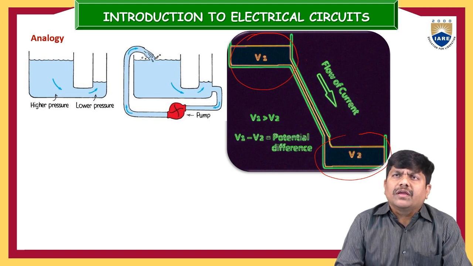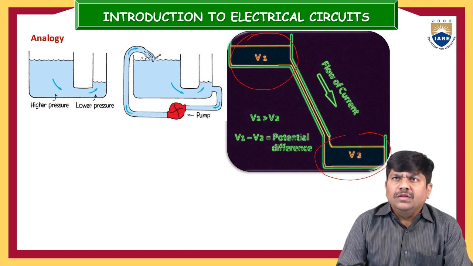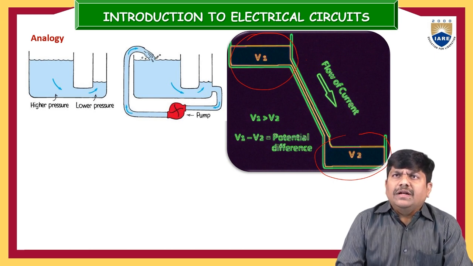If the pressure of the first tank and the second tank is the same, then it is very clear that there is no flow of water between them. Now slowly if the second tank is brought down, then the water starts flowing from V1 to V2. V1 is the pressure level of tank 1.